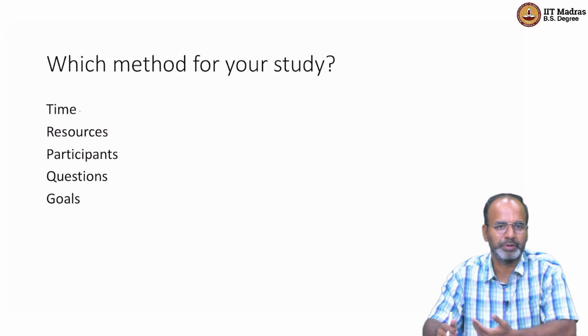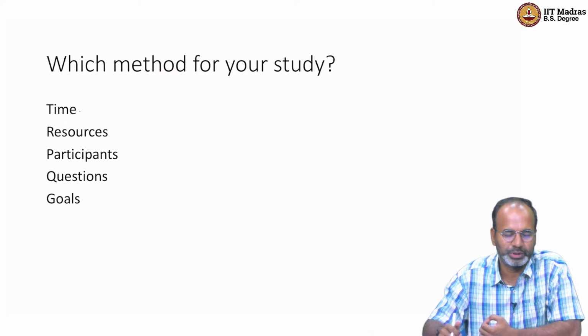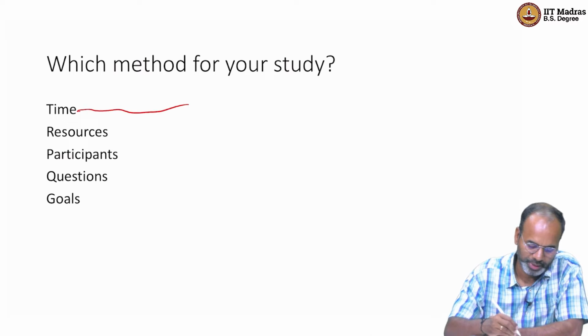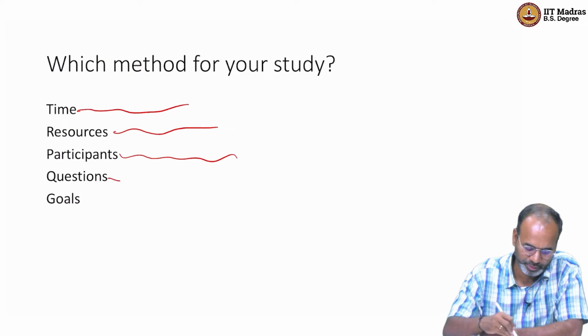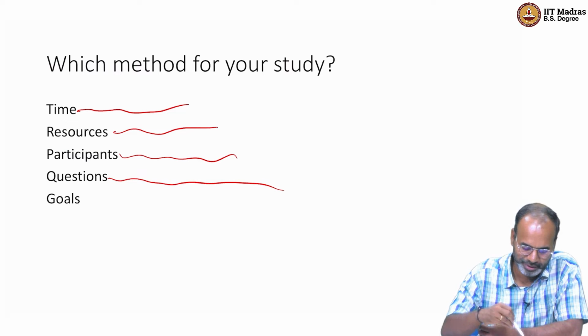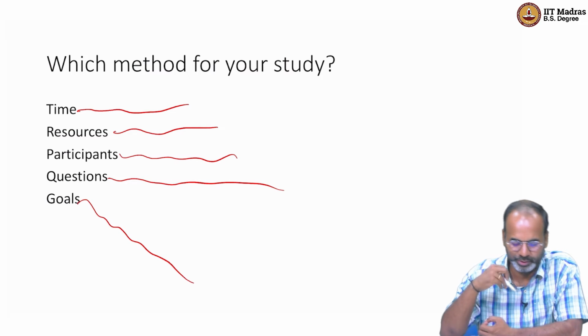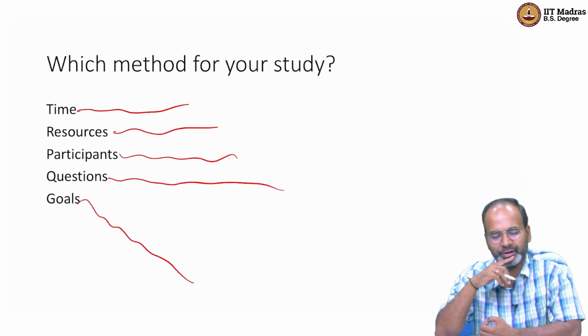Some things to keep in mind while you're deciding on which method to use are the time that you have, money or resources that you have, participants that you can get access to, questions that you are asking, and the goals that you have set for the study. Right?